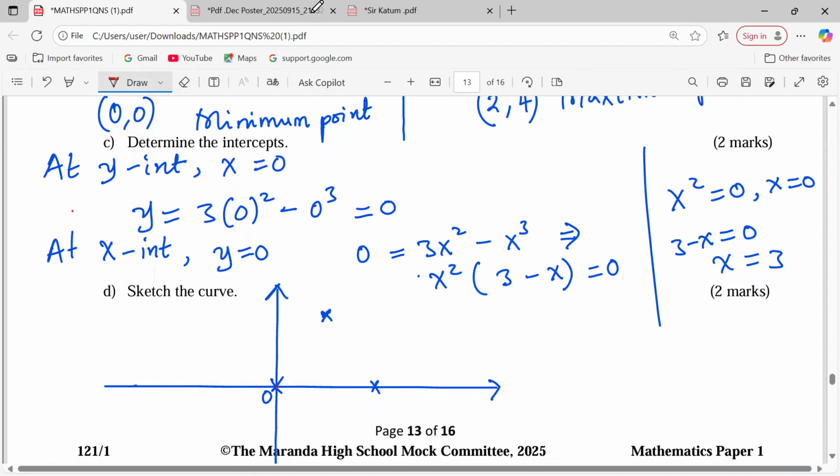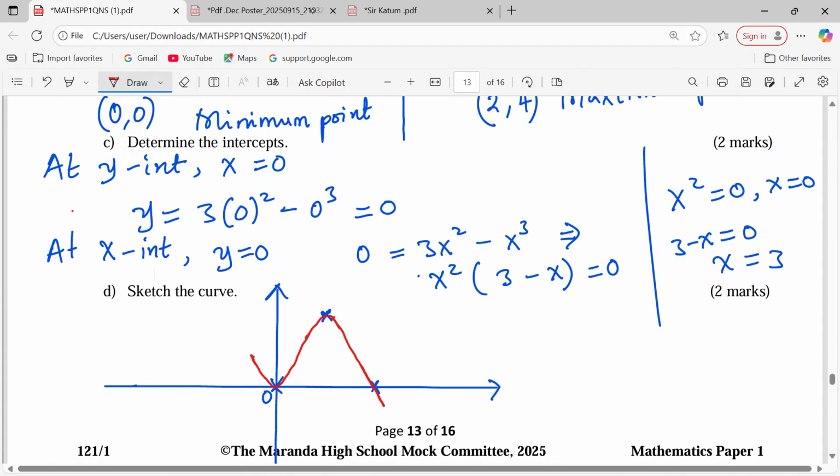So (0, 0) is a minimum point, meaning that at that point the curve turns this way. The other one, which is a maximum, the curve turns this way. Okay, let me check. That's not another turning point, just a point where the curve cuts the x-axis.